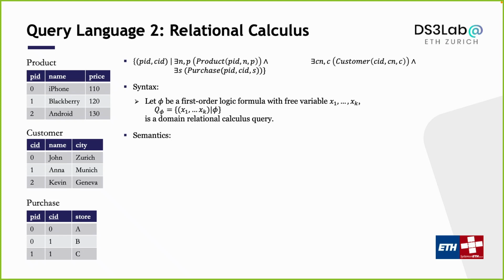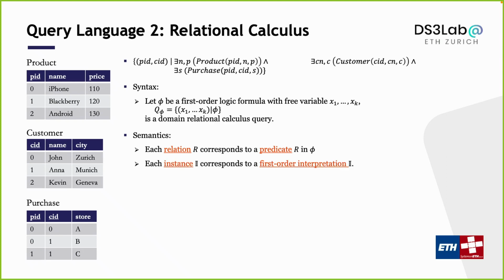What is the semantics? What do we mean by the answer of this query? The way to think about it is that each relation in the database corresponds to a predicate in first-order logic. Each instance of this database corresponds to a first-order interpretation, the world that you can assume is true, all the collection of facts assumed true in first-order logic.